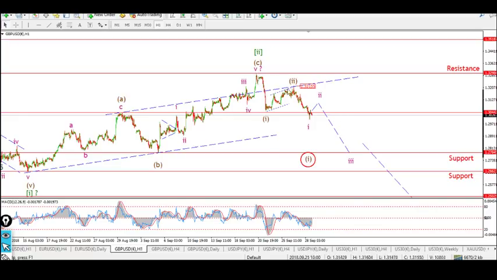Okay, so we could have a 1-2-1-2 pattern here off the high in a second wave, which you would quite rightly expect an acceleration lower into support in the third wave. So this would be wave 3 of 1. So wait, no, excuse me, wave 3 of 3 of 3.